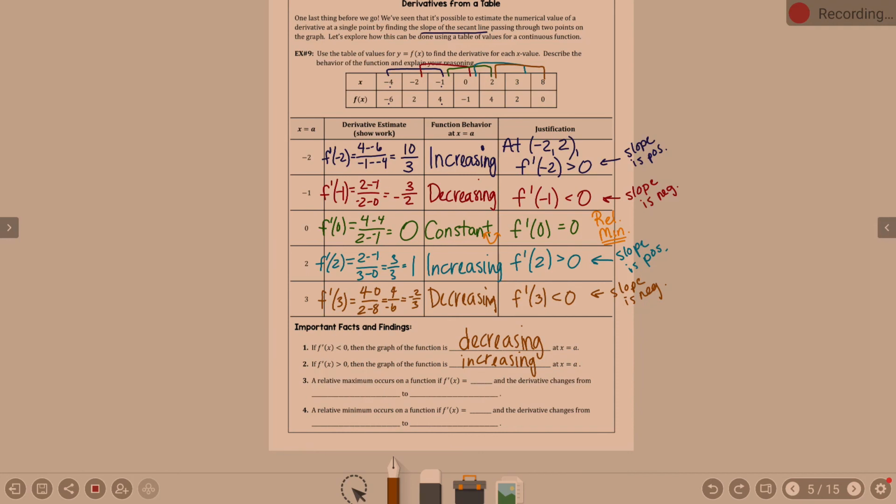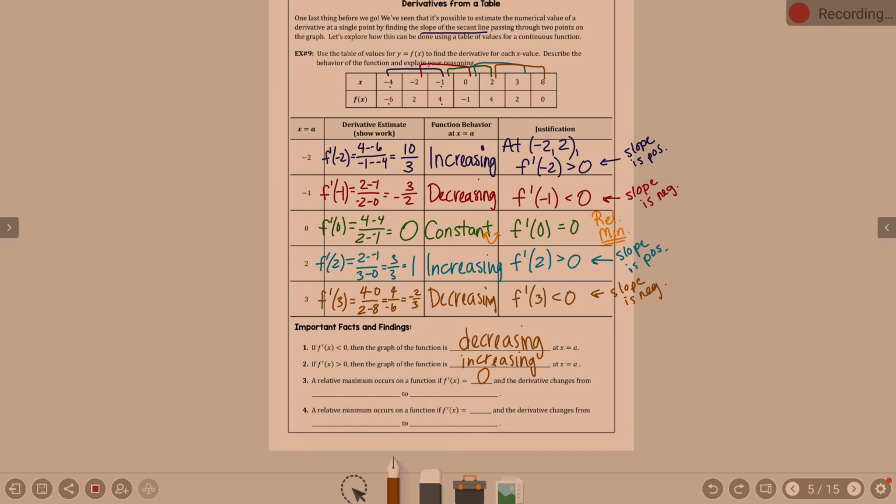A maximum or minimum occurs when the derivative equals 0, and the derivative changes from blank to blank.